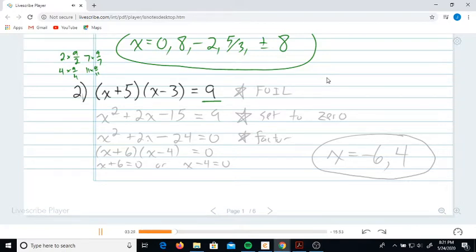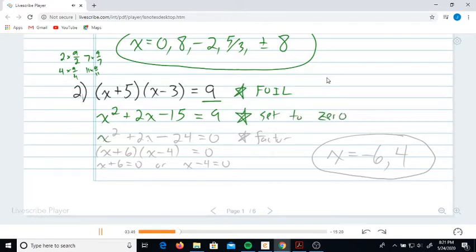But 0 is very special in that if two numbers multiply to 0, one of them has to be 0. So what we want to do here is go ahead and multiply out, or what we like to call FOIL. So multiply that out, you get x squared plus 2x minus 15 equals 9. And then what we want to go ahead and do is set it to 0.